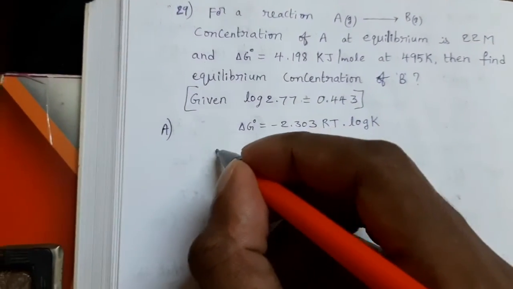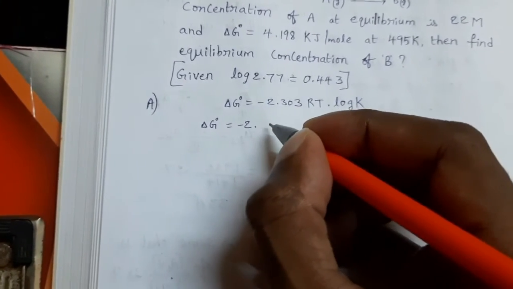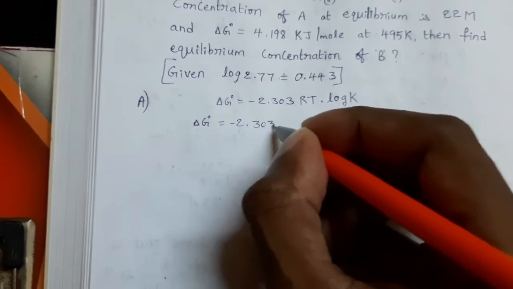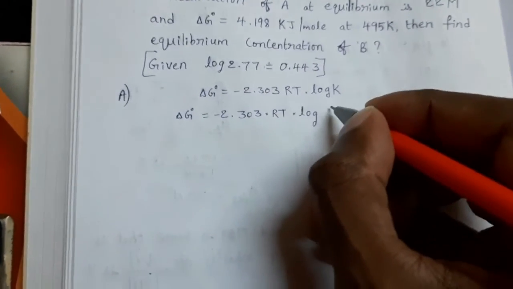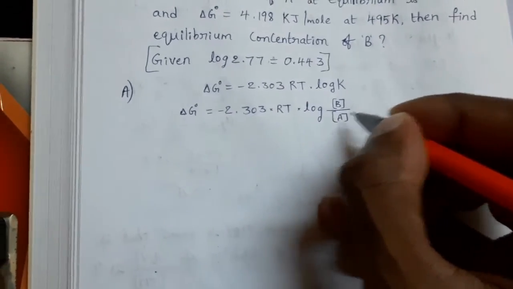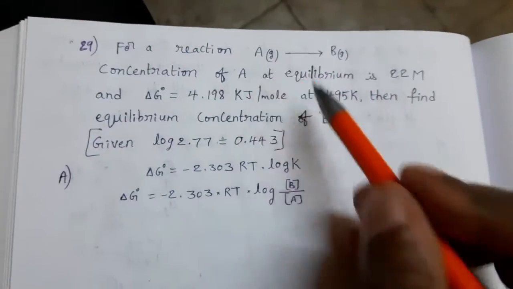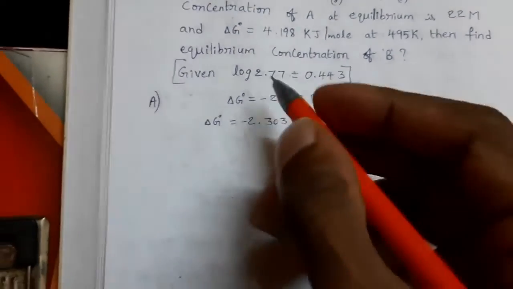So we can write delta G naught equal to minus 2.303 RT into log of concentration of the products divided by concentration of the reactants. Here product is B, reactant is A. So same thing we substituted here.